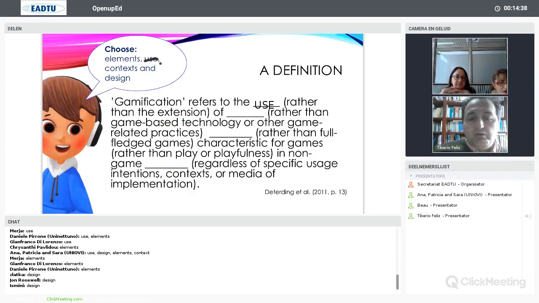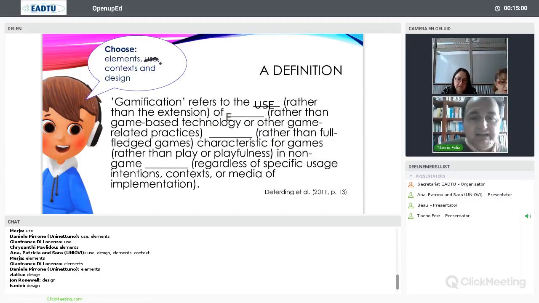So I write here "elements." Okay, and so the use of elements, well, we have to change it.